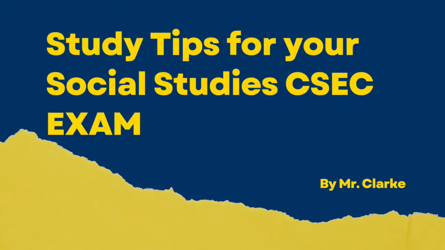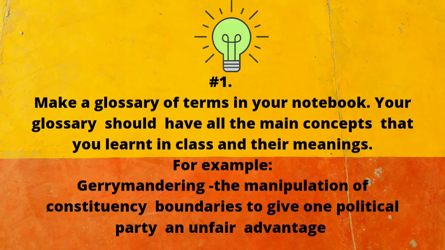The first tip that I have to offer to you guys is one that I have always encouraged my students to do at the beginning of the term. Make a glossary of terms in your notebook. Your glossary of terms should have all the main concepts that you learned in class and their meanings. For example, gerrymandering: the manipulation of constituency boundaries to give one political party an unfair advantage.